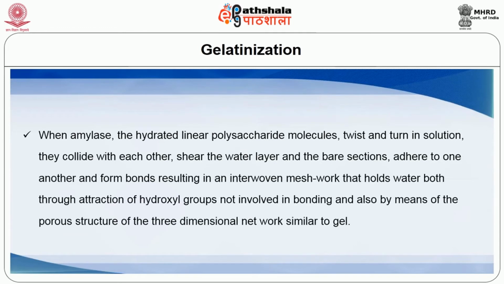With amylose, the hydrated linear polysaccharide molecules twist and turn in solution, they collide with each other and shear the water layer and adhere to one another and form bonds, resulting in an interwoven meshwork that holds water both through attraction of hydroxyl groups not involved in bonding, and also by means of the porous structure of the three-dimensional network, similar to a gel.